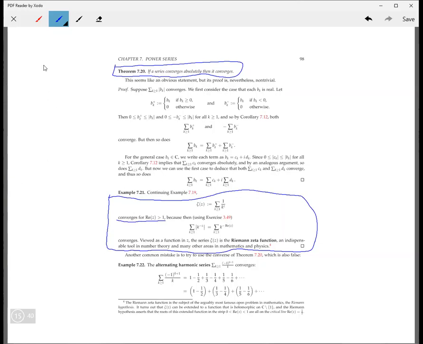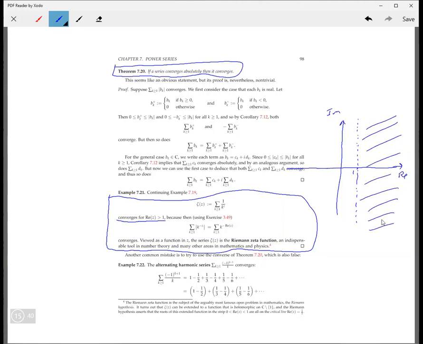Let me show you what that looks like. So if this is the imaginary axis and this is the real axis, and this is 1 right here, then this Riemann zeta function converges everywhere over here.